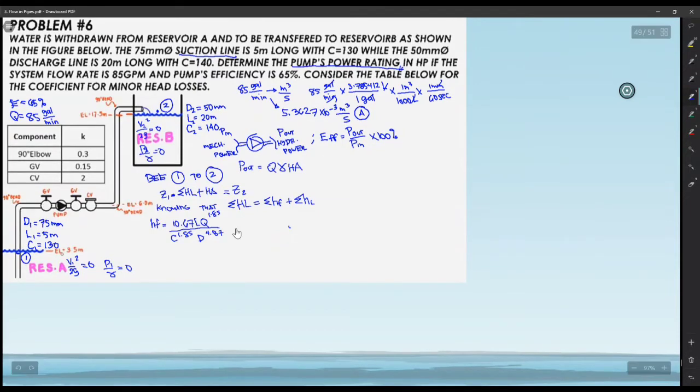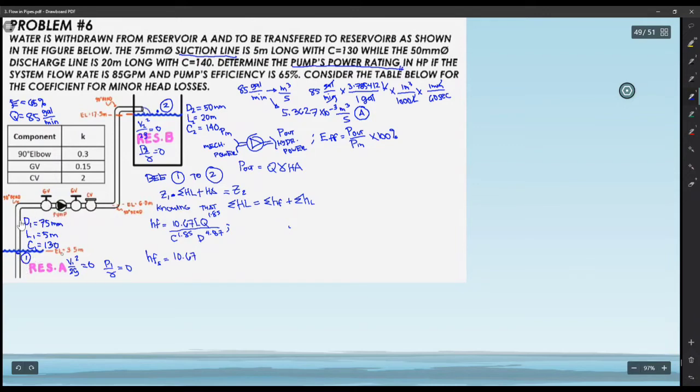Okay? By the continuity equation, our Q here is the same all throughout the pipe, even in the suction or discharge line. So let me first write it down here below. Head loss first. Let's start with the suction, which I will denote as S. That will be 10.67 multiplied by the length of the pipe.